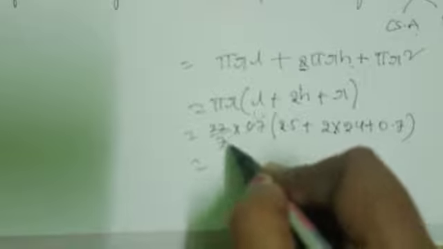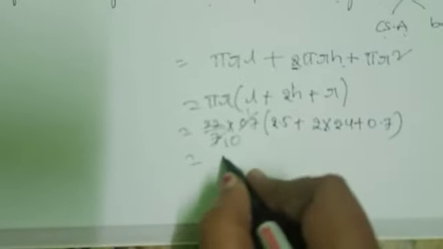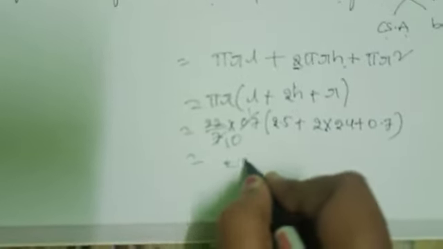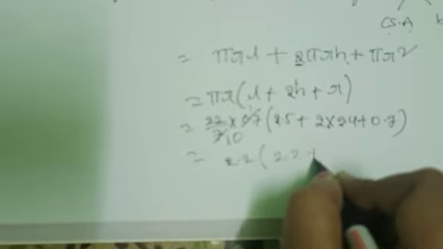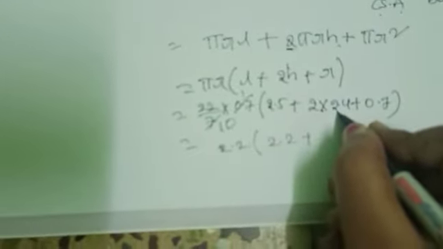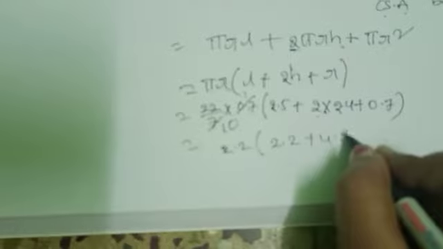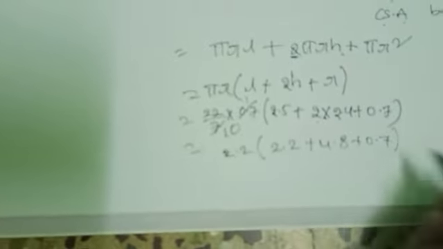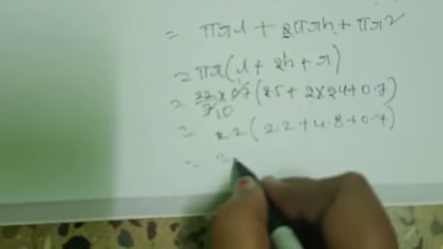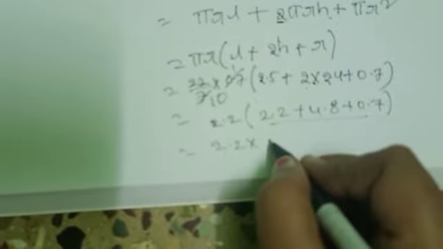This 7 by 10 times 22 by 7 is 2.2. 2.2 times 2.5 plus 2 times 2.4, which is 4.8, plus 0.7. 2.2 into this value equals 8.